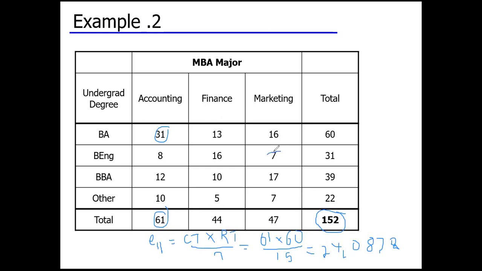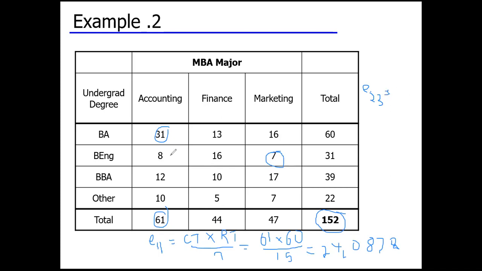This is the expected value for row number 2, column number 3.